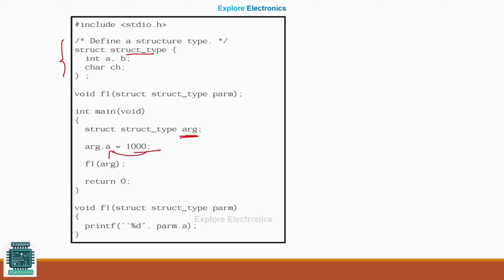The entire structure arg is passed to the function f1, as you can see in f1(arg). Function f1 receives the structure as parm, and inside f1 the value of parm dot a is printed. This is the programming part.